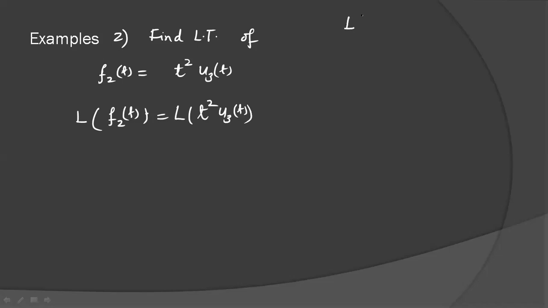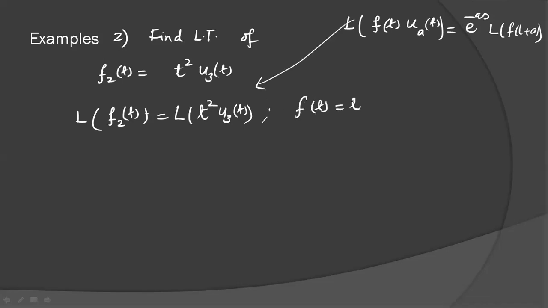Use the second result I told you: f(t) into u_a(t) is equal to e to the power minus as Laplace of f(t plus a). So if you compare with this result, your f(t) is t square, and your a is 3. So this will be equal to, now use this result, e to the power minus 3s Laplace of f(t plus 3).